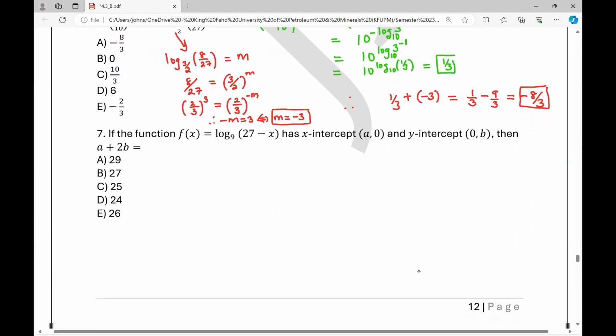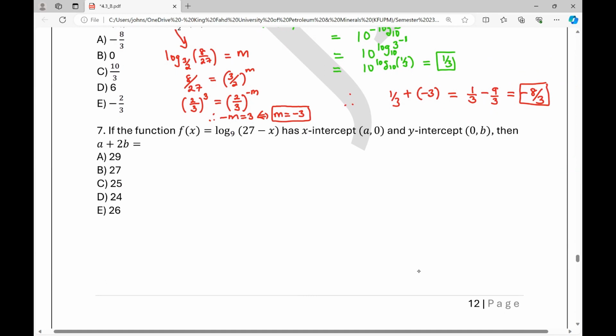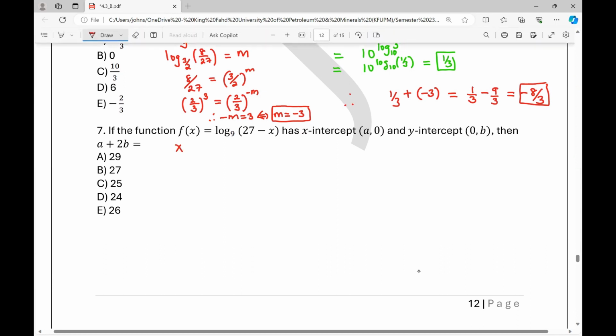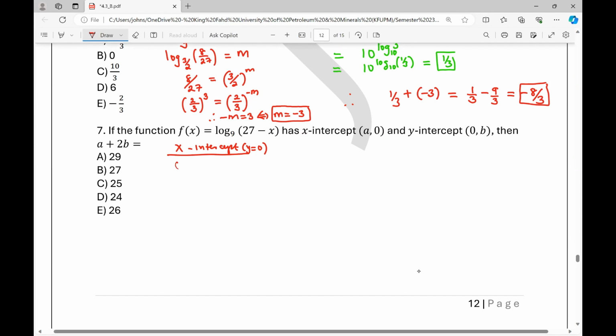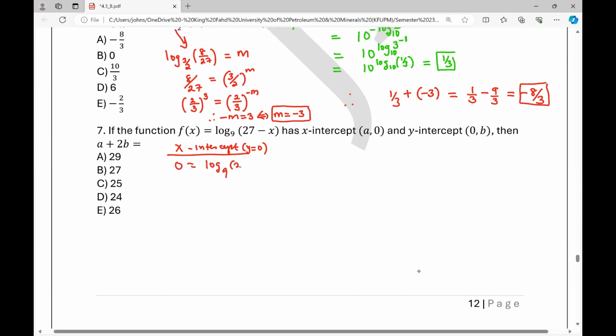So the next question, it's if the function, the x-intercept and the y-intercept. So you just need to find the x-intercept. So what is the x-intercept? X-intercept means you put y equals to what? 0. So you have 0 is equals to log base 9 of 27 minus x.